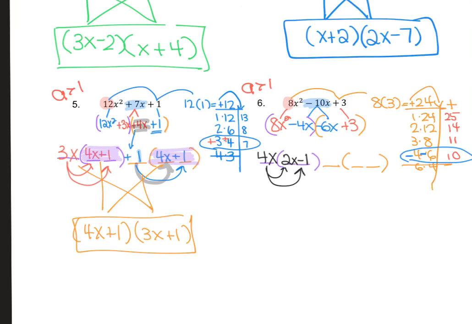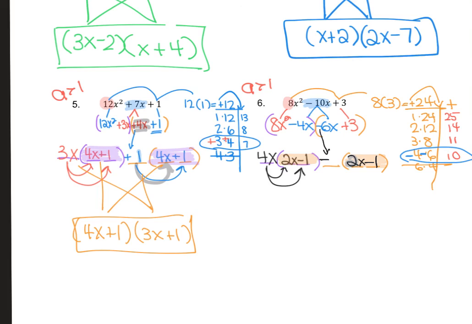Now, the trick I gave you says that this parenthesis and this parenthesis have to match. So if we got 2x minus 1 over here, we're going to have 2x minus 1 over here. I told you we lead with this, so that's going to be a negative, and negative what times 2x will get us negative 6x?